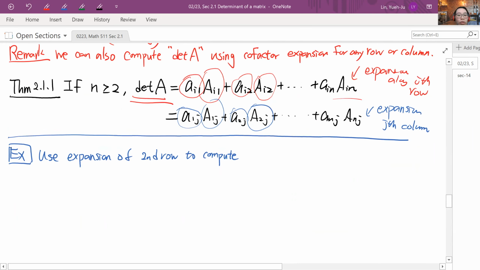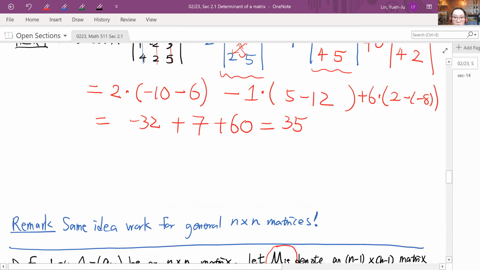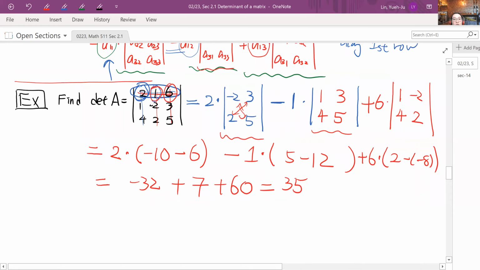I'm going to do the following example. I'm going to use the same example as above, the one we just calculated: 2, 1, 6, 1, -2, 3, 4, 2, 5, this 3 by 3 matrix. Earlier, we calculated the determinant using expansion along the first row, and we got the number 35.